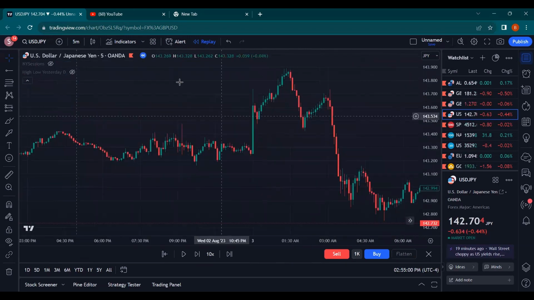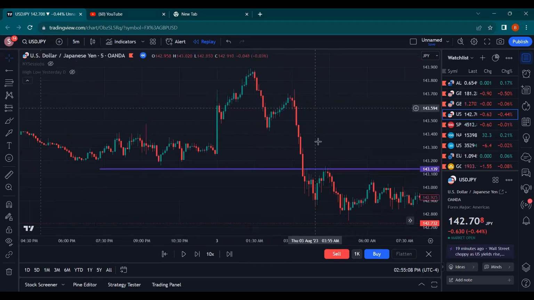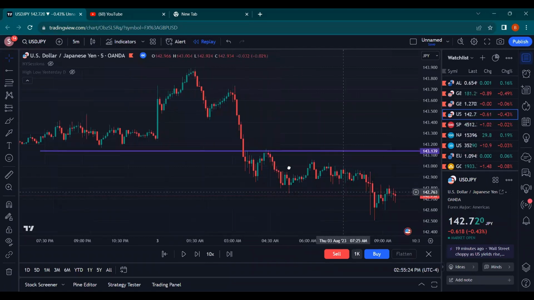Right here you can see we're breaking structure to the downside. This is kind of like basic support and resistance too. Where this was support, it broke through with this candle right here, which became resistance, and we bounced off of it, went back down. You know what I'm saying?